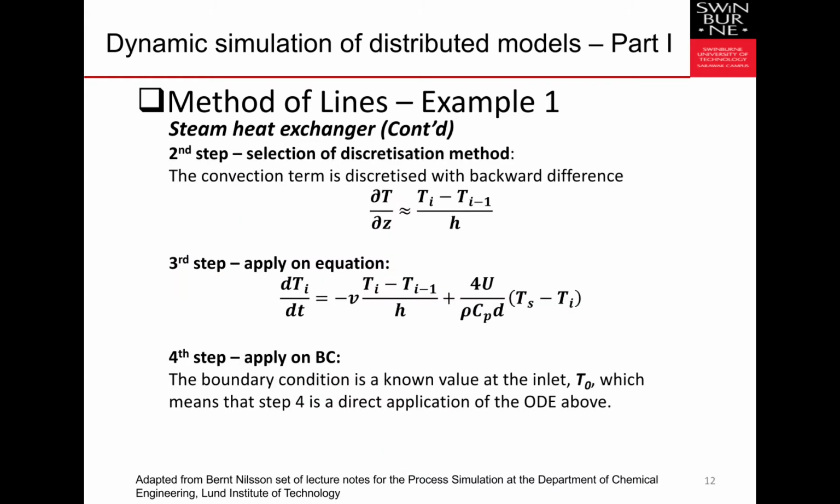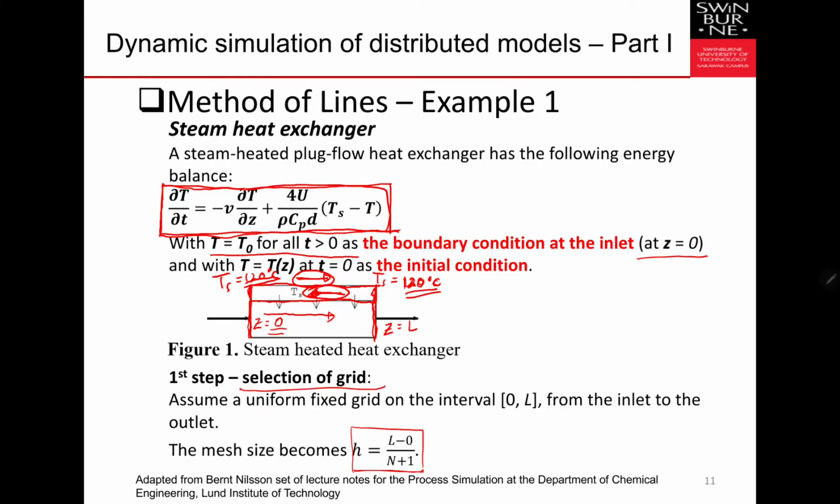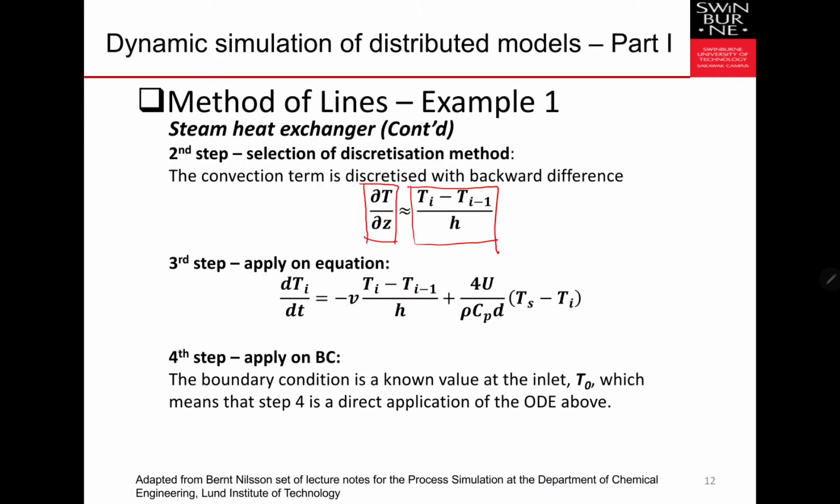The next one is the selection of the discretization method. The convection term, del T over del z, can be changed into the finite difference term T i minus T i minus 1 divided by h. So if we apply that into the PDE from before, changing this term into this term, we will get this particular set of ordinary differential equations.